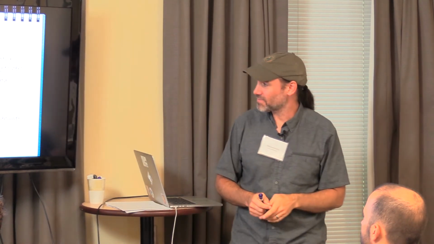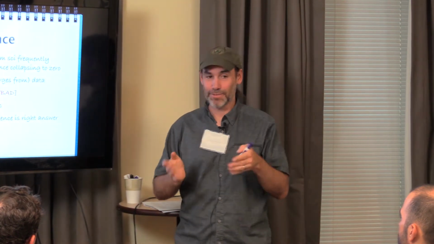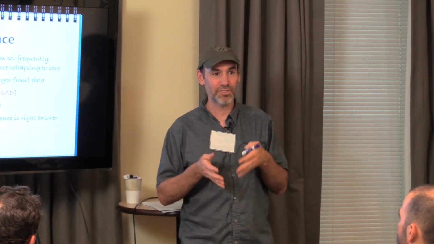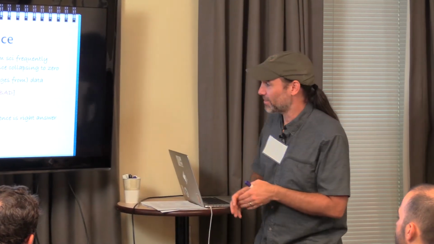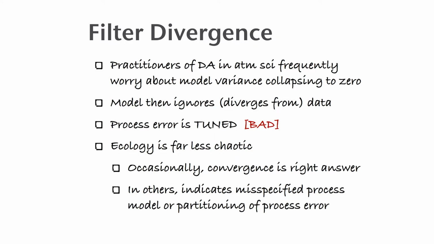So convergence by itself is not a wrong answer if that convergence does represent true understanding of the system and its stabilizing feedbacks. But in many other cases, it can really indicate misspecification of the process model or mispartitioning of the process error.